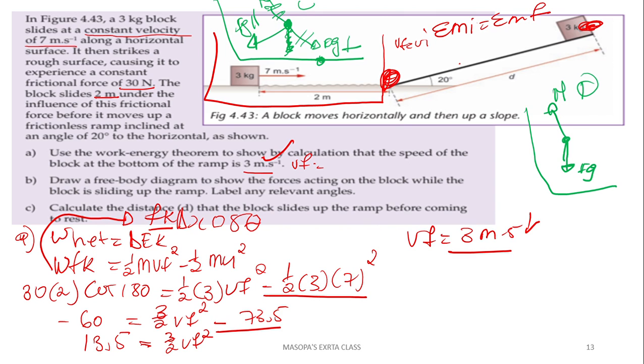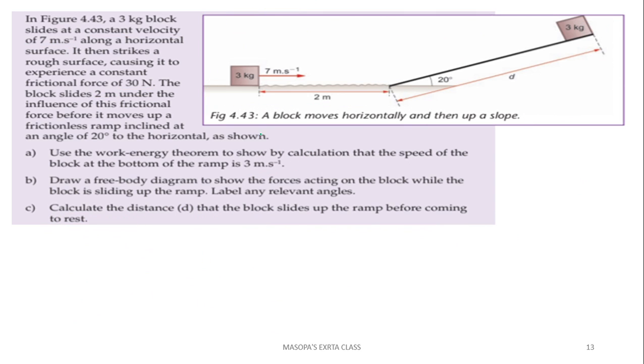So let's look at C. Oh sorry, I erased everything. Sorry for that. C says that we must calculate the distance d that the block slides up the incline before coming to rest. So remember, I erased here.